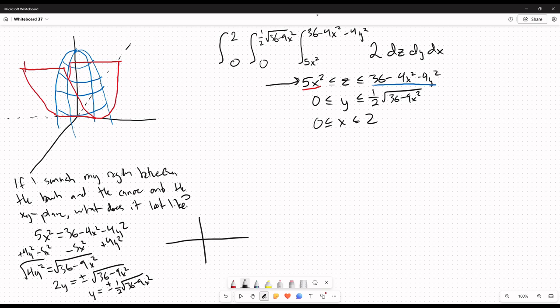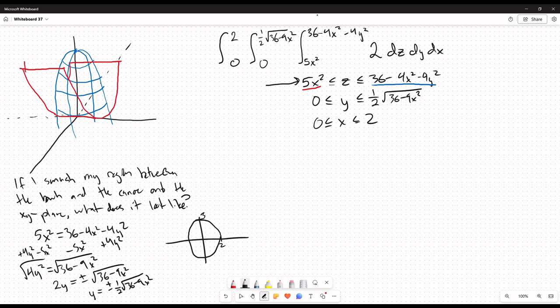I think it's an ellipse, where my x coordinate is going to be 2 and my y coordinate is going to be 3. I could be wrong there. I don't think I am. So we have some shape kinda like this. And that is the shape where if I smushed this region down, this is what I would see.